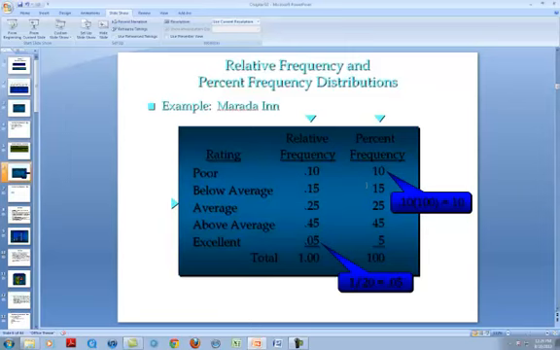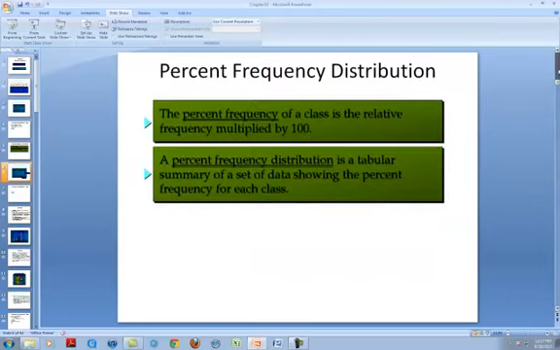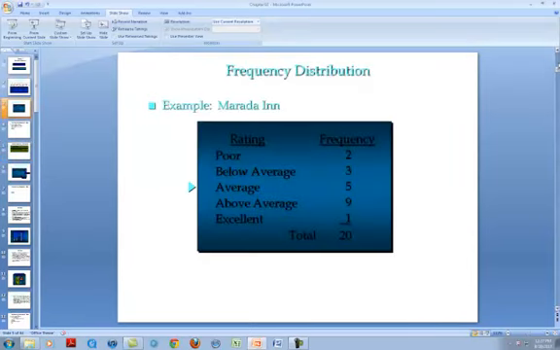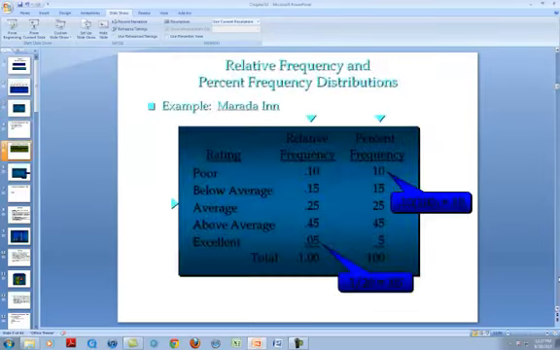Let me pause for a while and allow you to calculate and see for yourself why the values for below average are 0.15 and 15 respectively. As I hope you've seen for yourself, the 0.15 for below average in the first column is equal to 3, the number of people who said that the accommodation was below average, divided by 20, the total number of respondents.